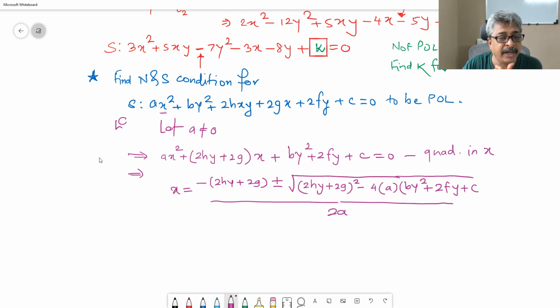That is why we require a not equal to 0. What happened to without loss of generality? Without loss of generality, left.